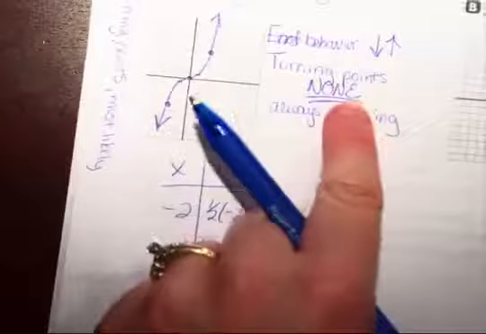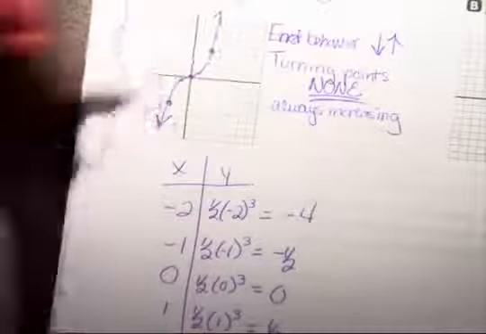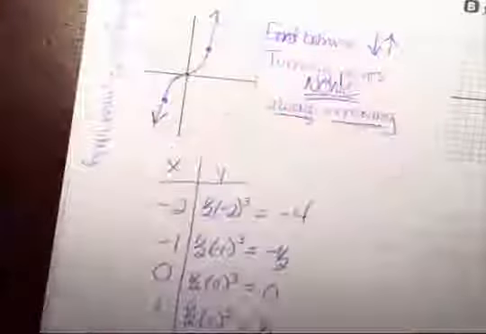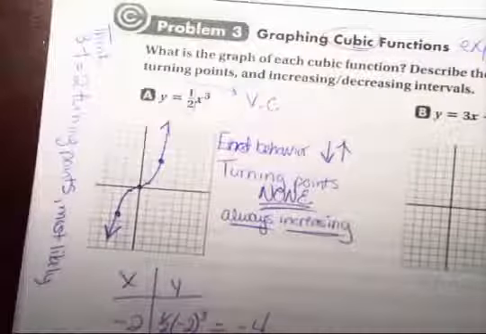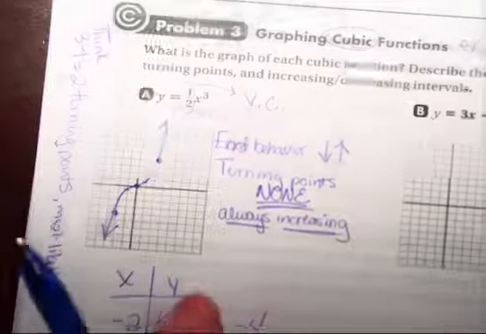In this particular example, it didn't happen, did it? So we notice that in this one, there are no turning points. And as I traced it, did you guys notice that it says it's always increasing? So when we talk about that, that's good enough for talking about, see how it says increasing and decreasing intervals? This one's always increasing. All right, let's move on to part B.